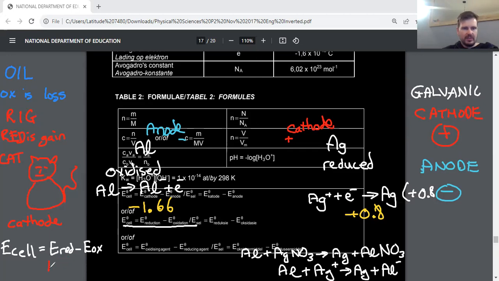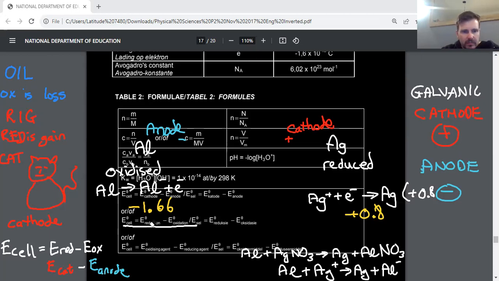So we could think of that as also E cat minus E anode. And just above that, I don't know if you can see that, there is also the equation of E cell equals E cathode minus E anode. So if you forget, it doesn't matter because you can see that the reduction and the cathode are interchangeable there. You see that?